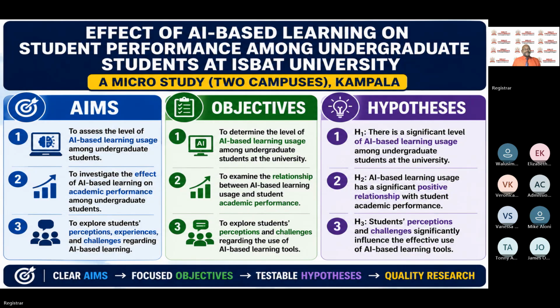Now, I'm also putting one more aim: to explore the students' perception, experience, and the challenges they face regarding AI-based learning. Most of the students complain that the question paper they receive is drafted by AI, and sometimes it becomes very difficult to answer. Some students have a perception of nothing to study, AI is there to help me.